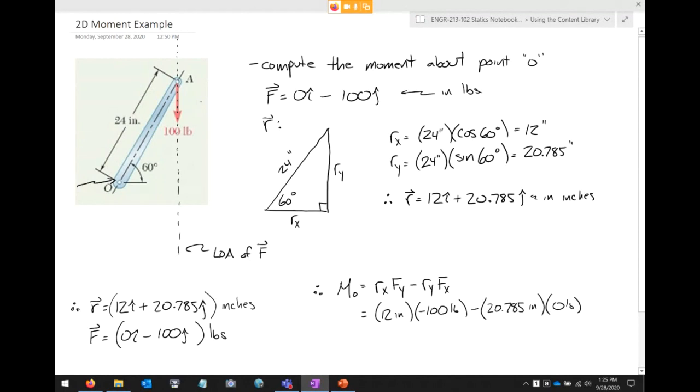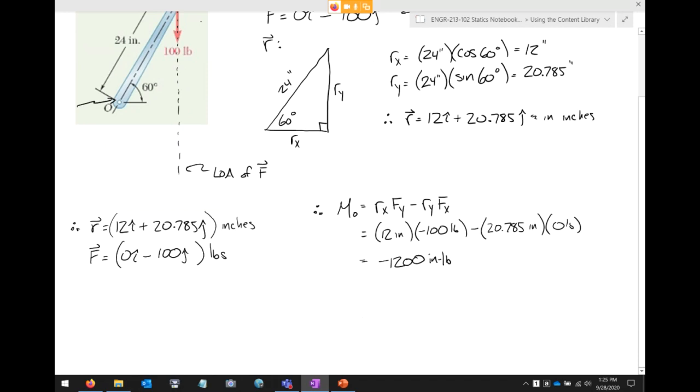So that on the right cancels, and then I get 12 times 100, which is 1200. But remember, that's negative 1200. And then the way that we write that whenever we write out a moment is we tend to write inches, pounds. So you can put a dash in front of it, you can put a little dot in front of it for multiplication, however you want to do that. And so we would say that's inch pounds, kind of like foot pounds, but in inches.